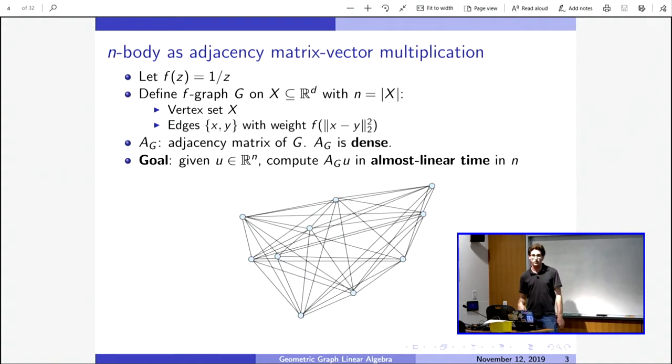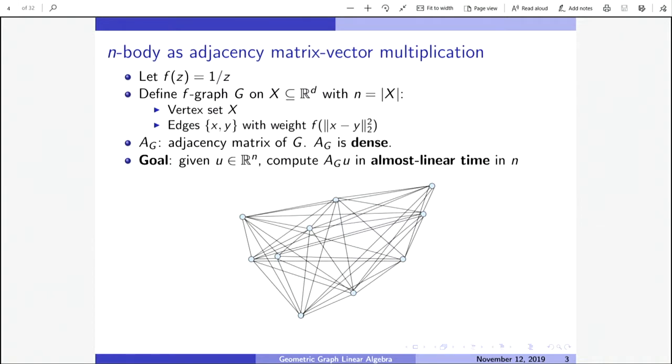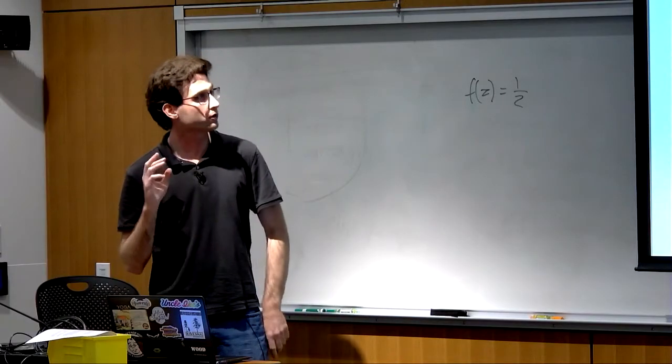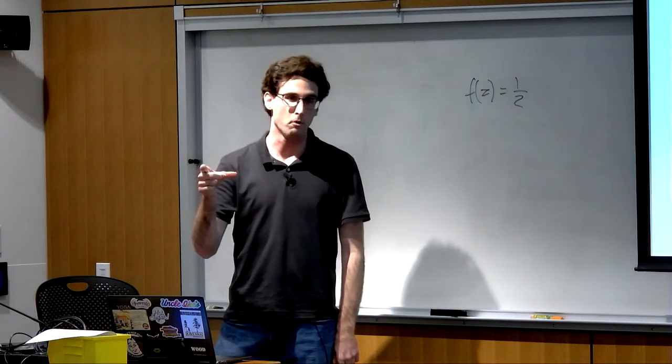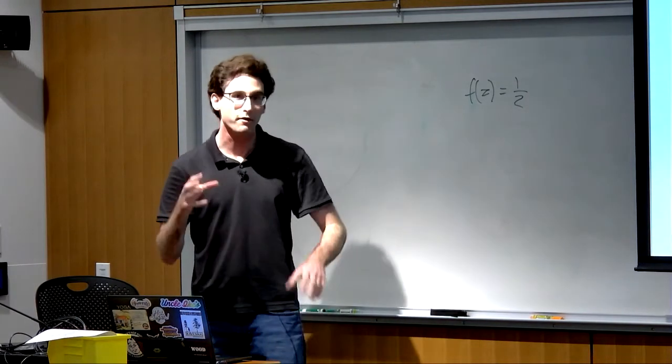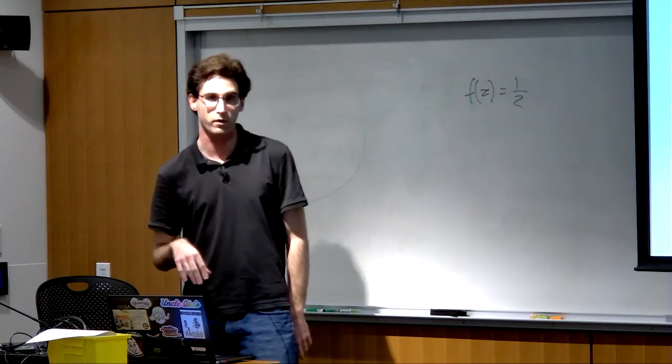Throughout the talk, I'm going to use this definition. Then given this function f, we'll define a graph on the set of points x. This graph has a vertex at each x, and there's an edge between any 2 points in x with weight f of the L2 distance squared between them.